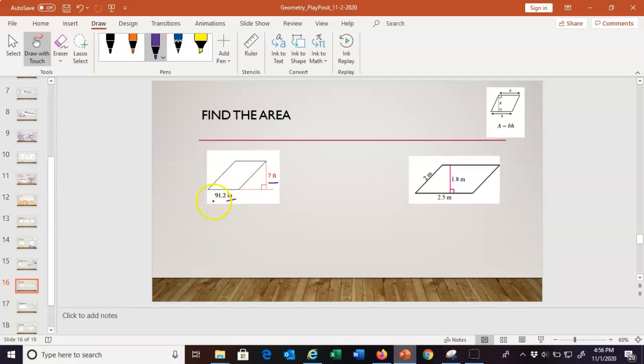It's up to you if you want to turn 91.2 inches into feet or 7 feet into inches, however you see it. I'm going to turn the 7 feet into inches because we know there are 12 inches in a foot. So that just seems like the way to go. So I got 84 inches for this side.